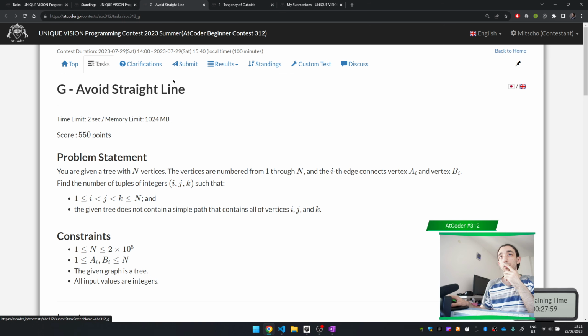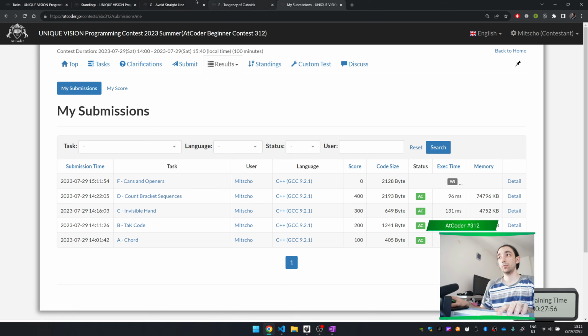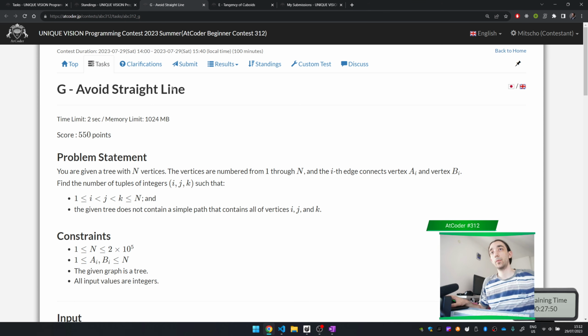Let's see G. Gets accepted. So, okay, let's see G. You're given a tree with n vertices. Find the number of tuples such that the given tree does not contain a simple path that contains all of the vertices i, j, and k.